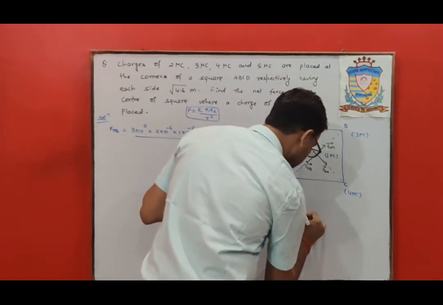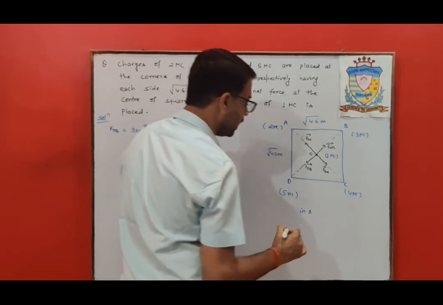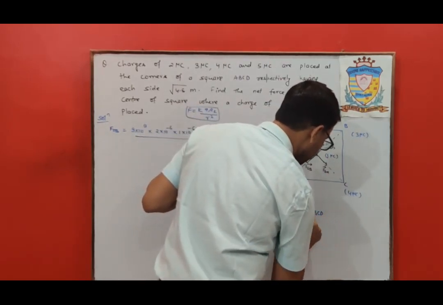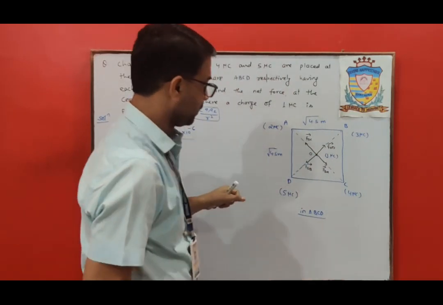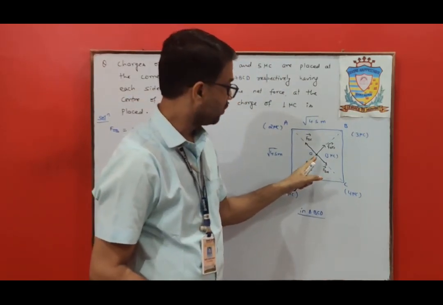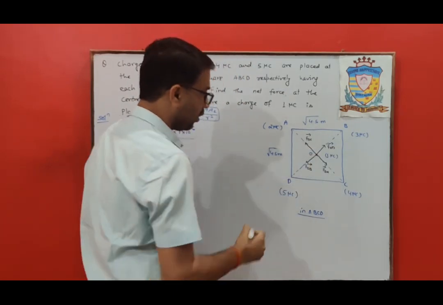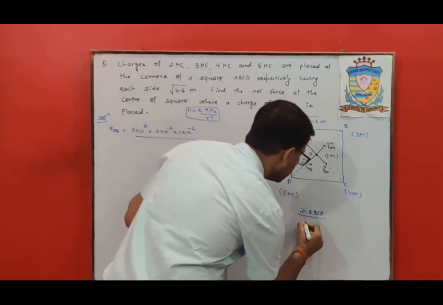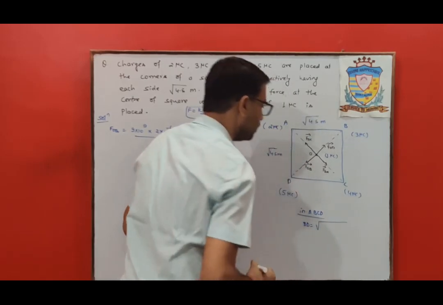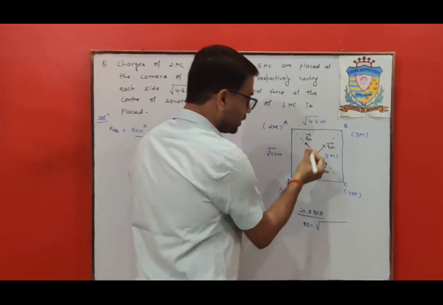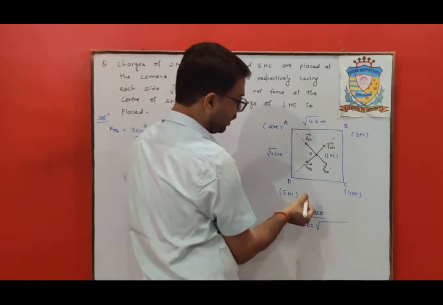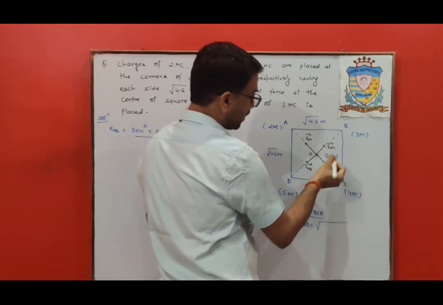So in right angle triangle BCD, we will calculate first BD and divide it by 2. So we will have the value of BO or DO. BD is the hypotenuse, equal to under root of perpendicular square plus base square.